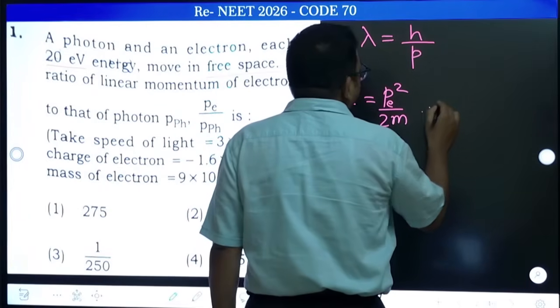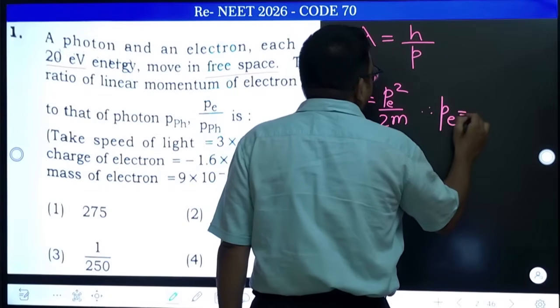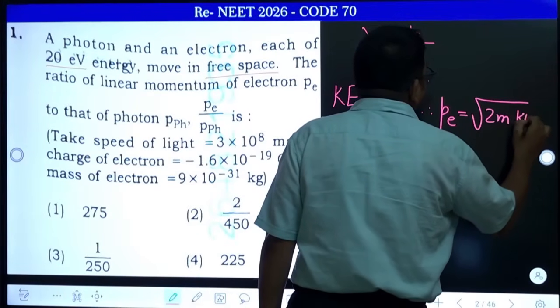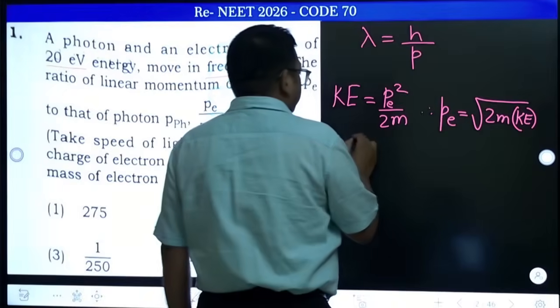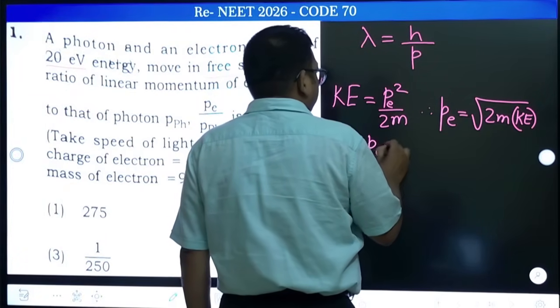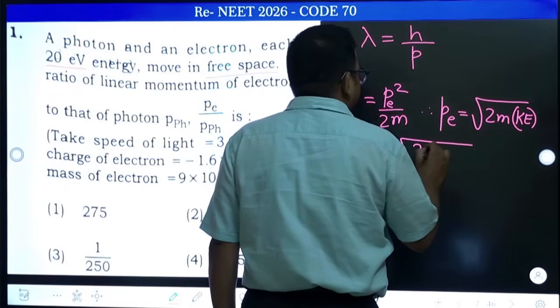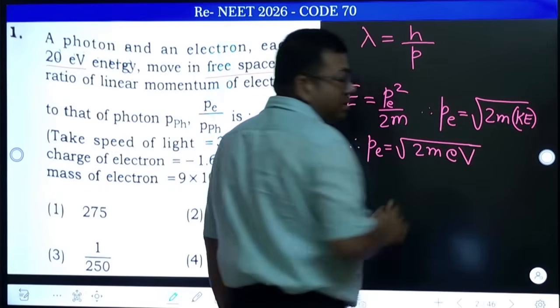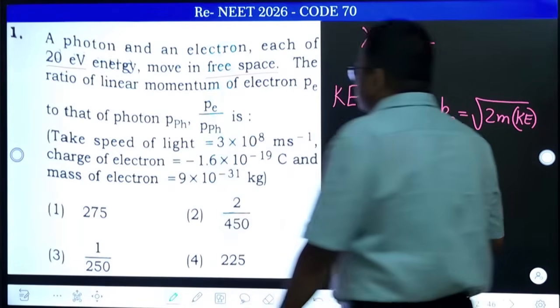So the momentum of the electron comes root 2 times kinetic energy, and kinetic energy can be written as charge into voltage. So root under 2 times mass into charge into voltage. This capital V is the accelerating voltage.